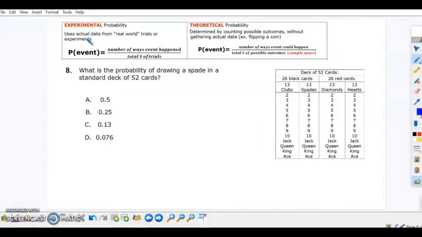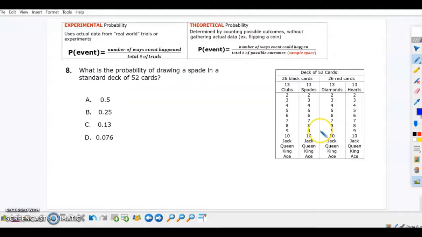For example, an example for that might be flipping a coin. If you flip a coin, theoretically, the chances that you would get heads is 50% and tails is 50%. So that is theoretical. We are also going to use a deck of cards a lot to find theoretical probability.